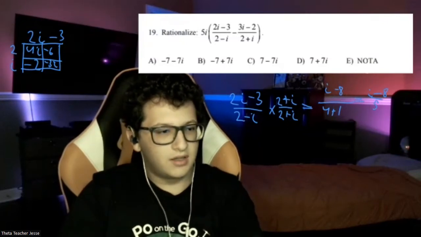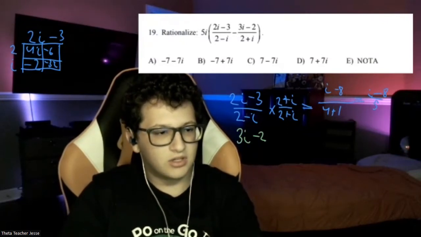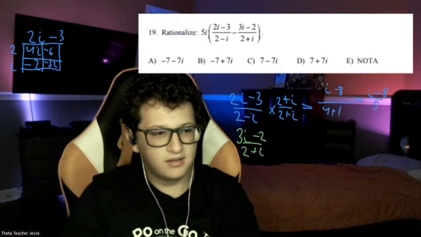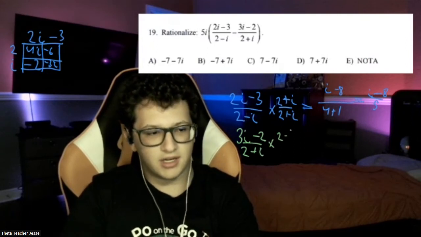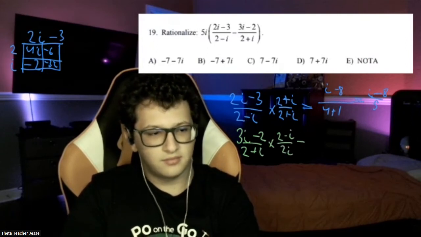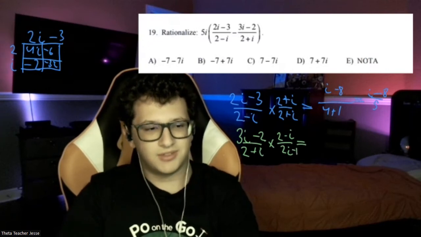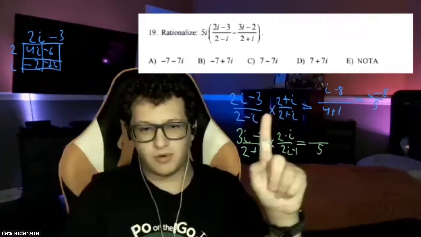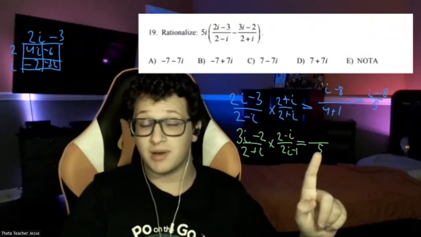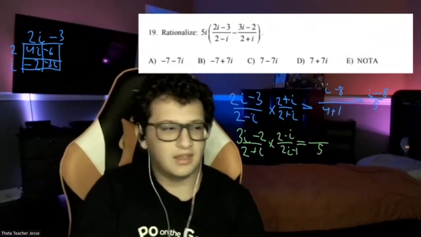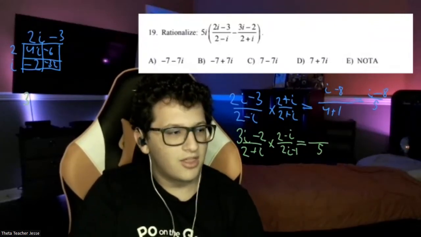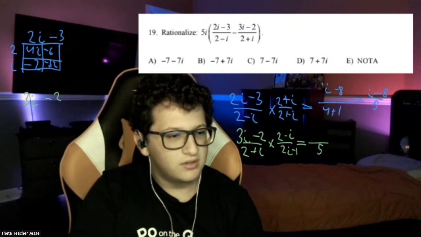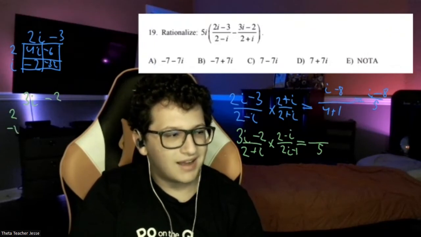Let's go on. 3i minus 2 over 2 plus i. We want to multiply by the conjugate again. Notice that's the exact same things being multiplied together, so the denominator will be 5. We're going to multiply 3i minus 2 and 2 minus i.